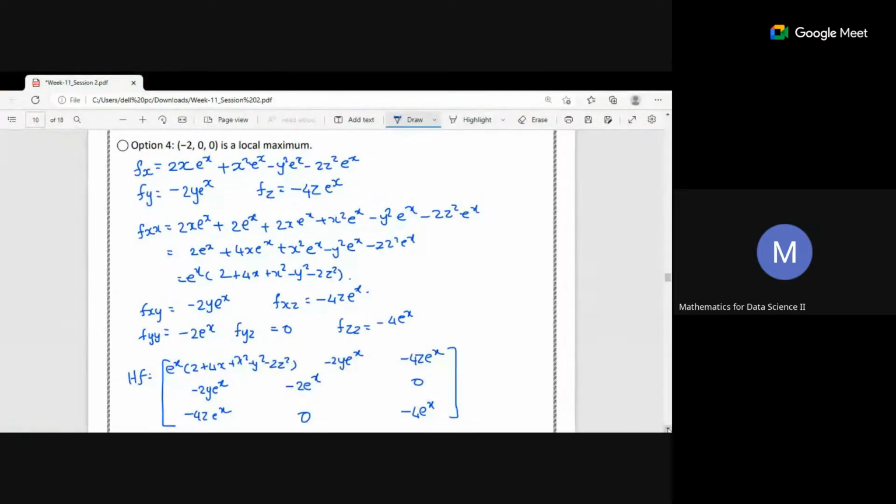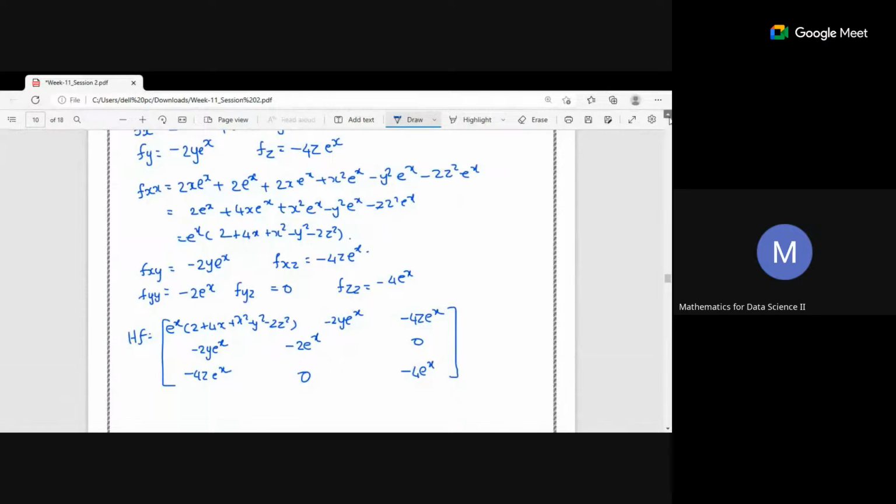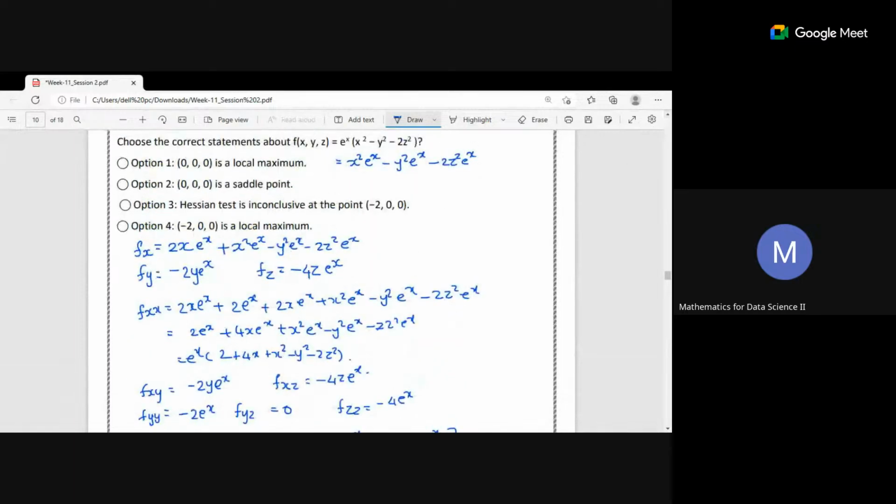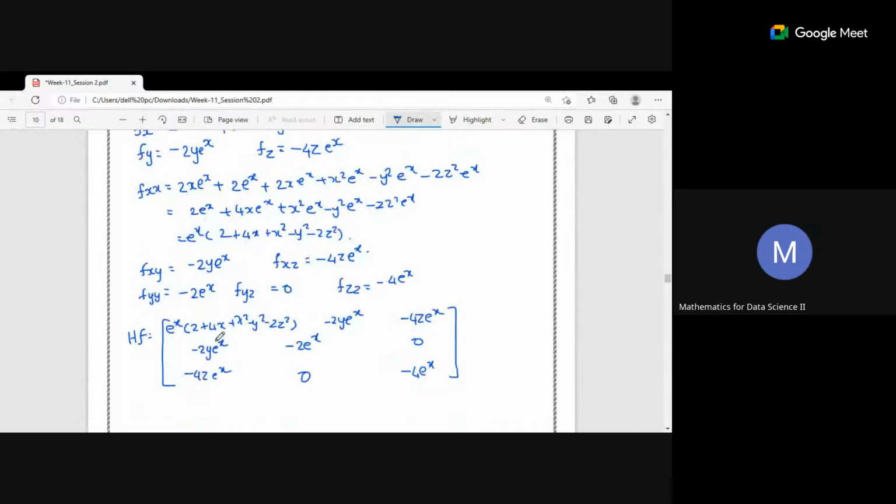So now what happens at 0, 0, 0? When you put 0, 0, 0 here, all of this becomes 0 except the first term. So your Hf at 0, 0, 0 is 2, 0, 0, 0, 0, 0, 0, 0, 0. Is that correct?